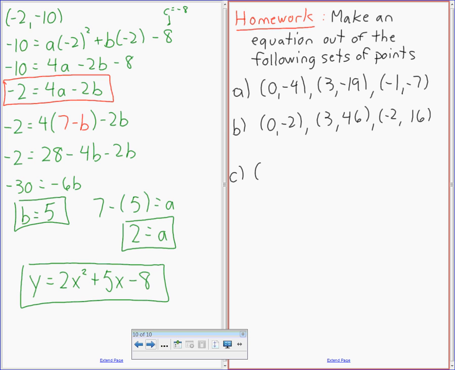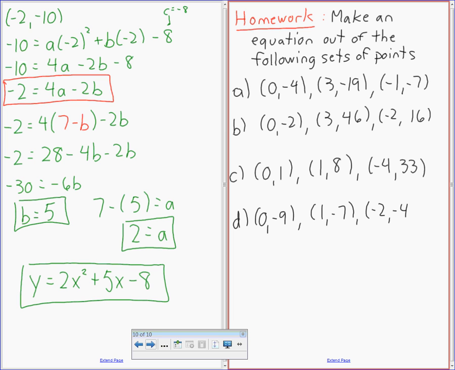C, we're going to have (0, 1), (1, 8), and (-4, 33). And finally for D, we're going to have (0, -9), (1, -7), and (-2, -49).